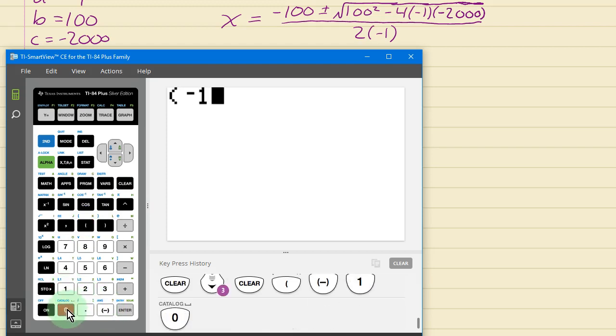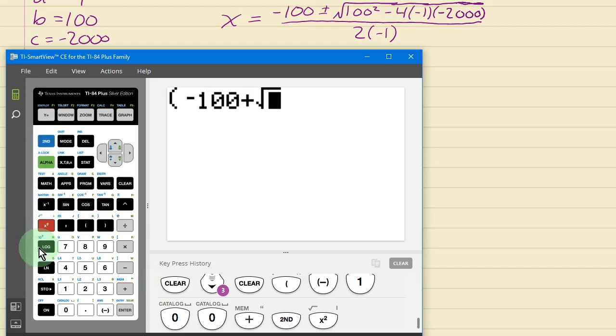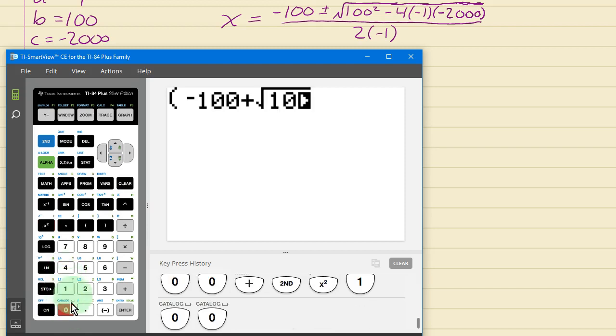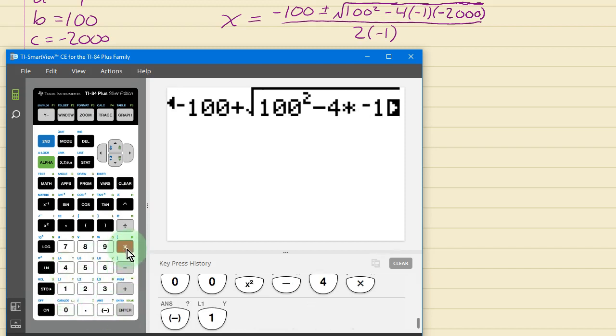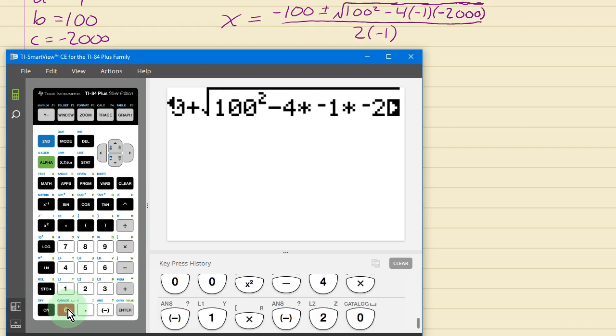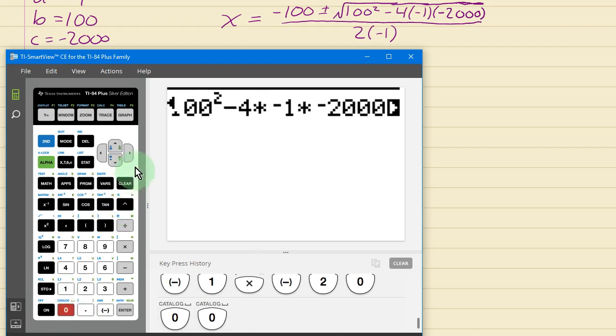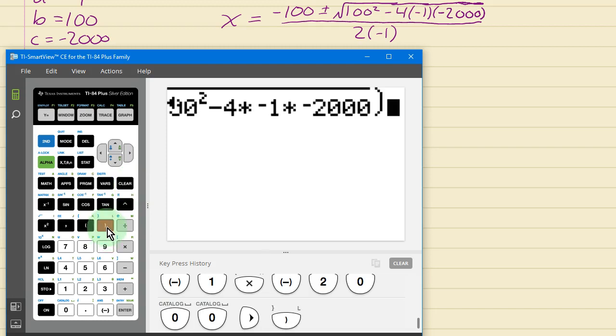It's going to be -100 plus, and we'll have to do the minus on another line, the square root of 100 squared minus 4 times -1 times -2000. Press the right arrow to get out of that square root, and close that parentheses, so those parentheses are wrapped around the whole top of the fraction.